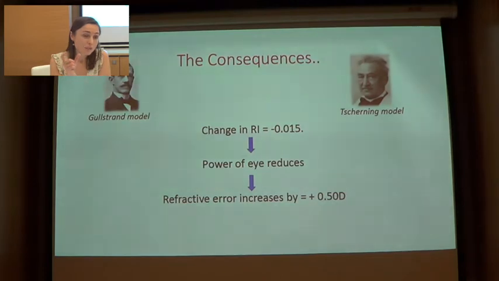And that's why we can say that, according to the results we achieved in our study, we can have unexpected refractive changes, unexpected errors, due to changes of the refractive index of the cornea. Thank you.